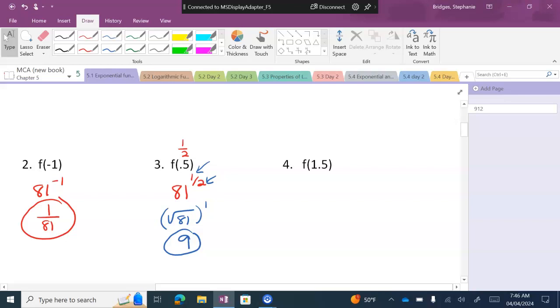Again, we can't raise something to a decimal power, so we change it to a fraction. What is 1.5 as a fraction? 1 1/2. And then if I wanted to turn that into an improper fraction, do you remember how to do that? Multiply and then add, so that would give me 3 over 2.